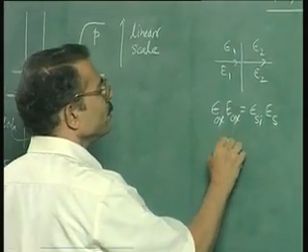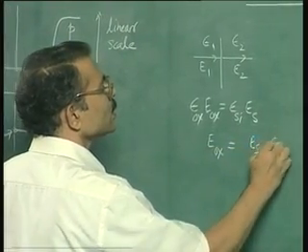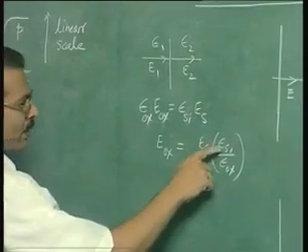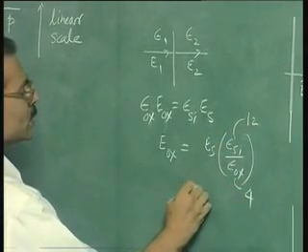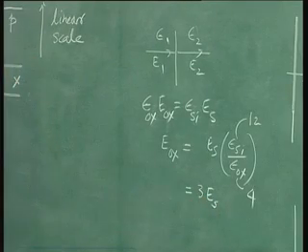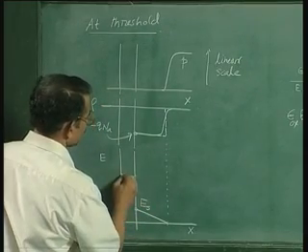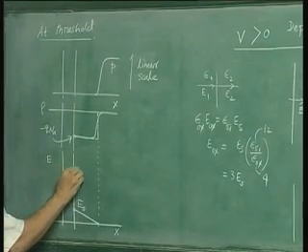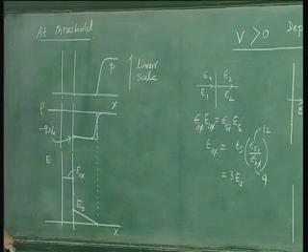So from here we have E ox equal to Es times epsilon silicon by epsilon ox. Epsilon silicon is 12 and epsilon ox is 4. So this is equal to 3 times Es. Therefore you take 3 times this, and that is your E ox, the field in the oxide.